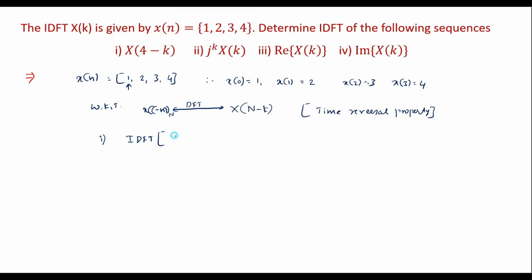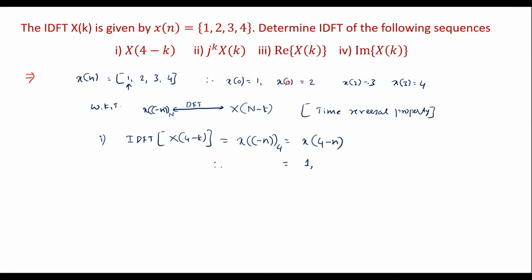Therefore, IDFT of x of 4 minus k is equal to x of minus n of 4, because in this case n is equal to 4. So which is also equal to x of 4 minus n. Simplifying this, for n equal to 0, we get x of 4. So x of 4 and x of 0 both are same, therefore it is 1.